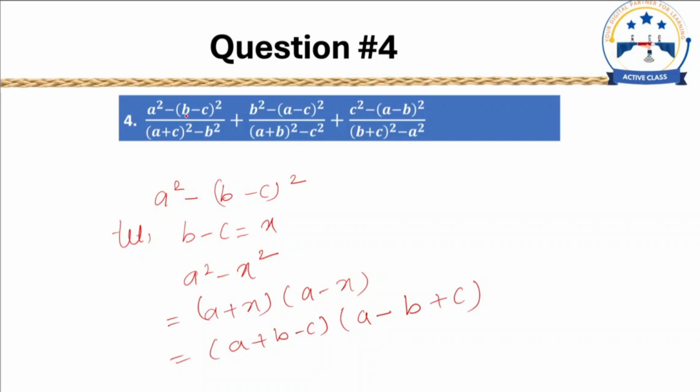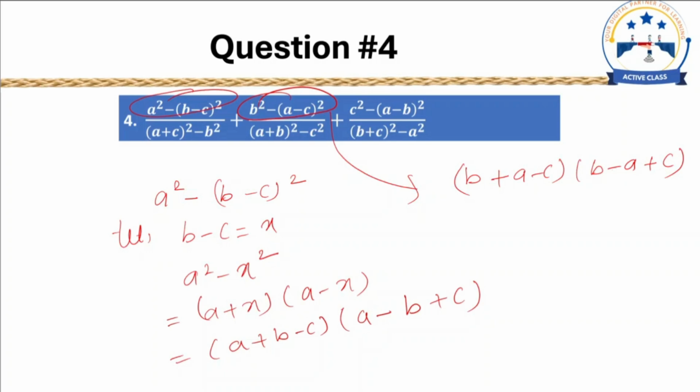These two terms inside the bracket will act as one single term and will expand as a squared minus b squared, okay, in all of these fractions. So if you have to factorize the numerator of the second fraction, then it becomes (b plus a minus c) and (b minus a), this minus multiplies and c becomes plus.